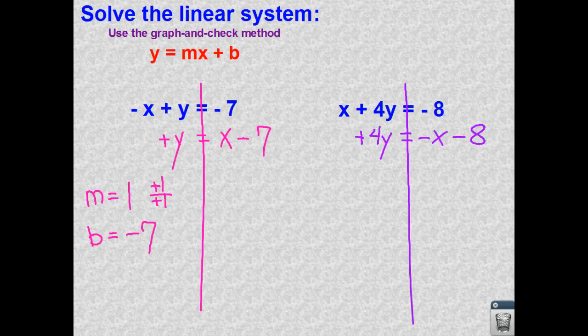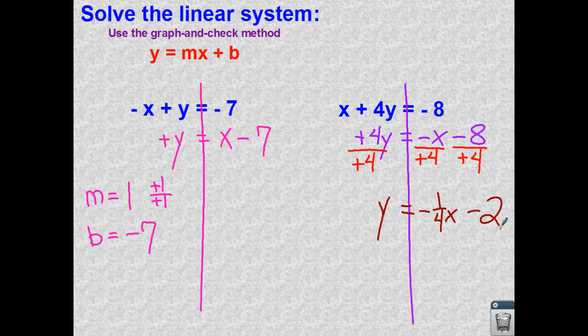And if we're doing our inverse operations of multiplying by 4, we're going to divide everything by that coefficient, which happens to be +4. And now we're going to simplify. 4 divided by 4 is 1y. Negative x over 4, well, the invisible number next to x is actually a -1. So we have -1/4 x as being the slope. -1/4 is the slope. And then simplifying, -8 divided by +4 is -2.